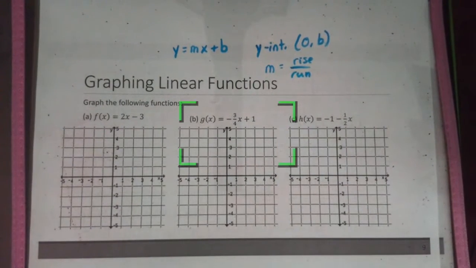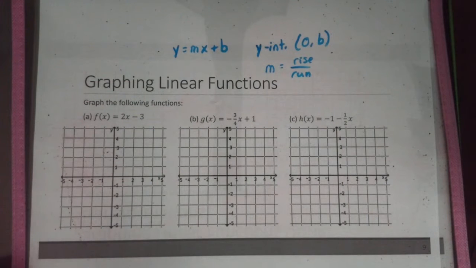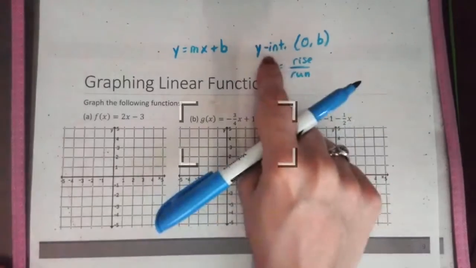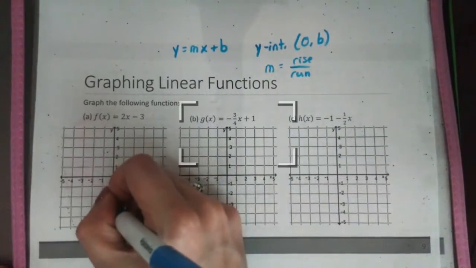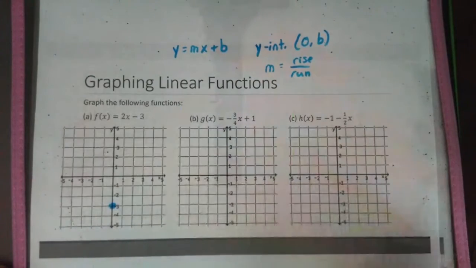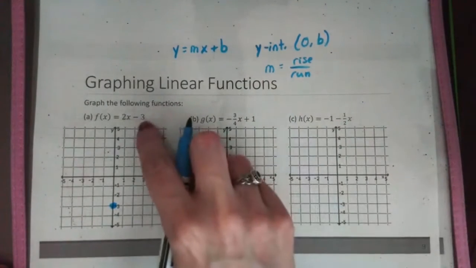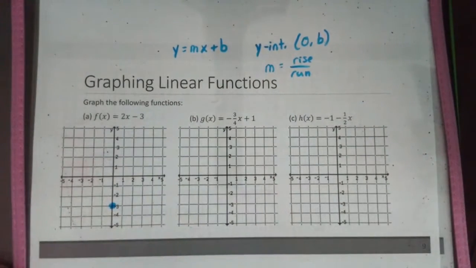First up, we have f of x equals 2x minus 3. So that means our b value is -3. So our y-intercept is at 0, -3. 0, -3 is located right here. So on our y-axis, we plot our b value.